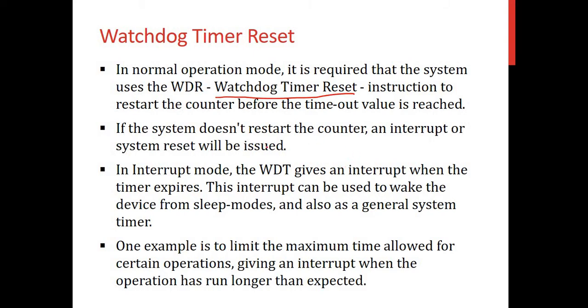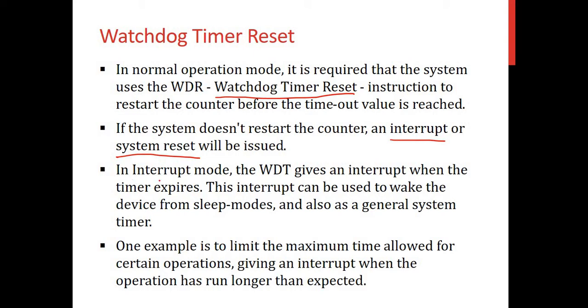In the Arduino Uno, I have two options of what to do when my counter eventually hits 0. I can either issue an interrupt or I can issue a system reset. In fact, I can do both at the same time as well. So there are three modes.